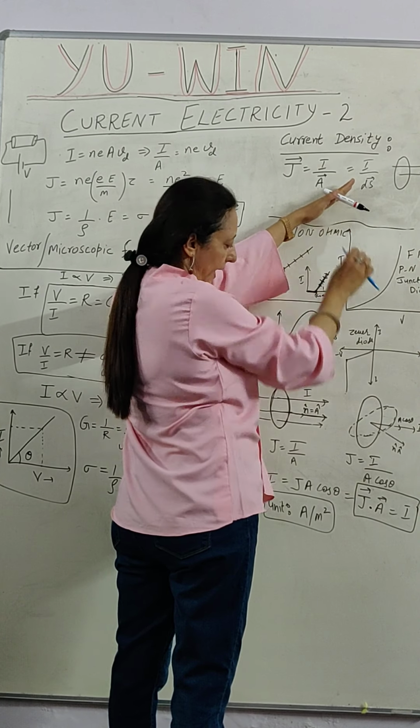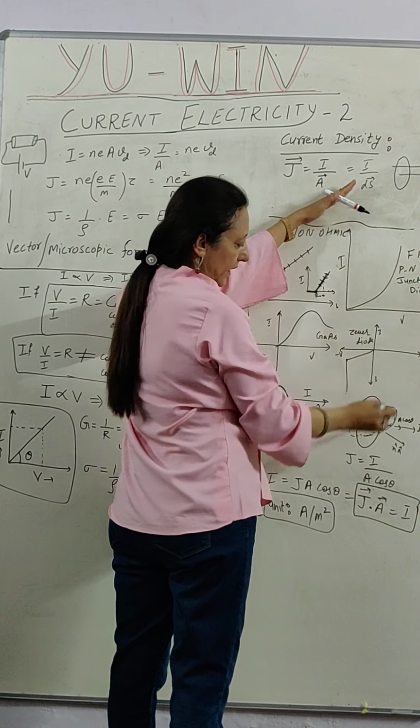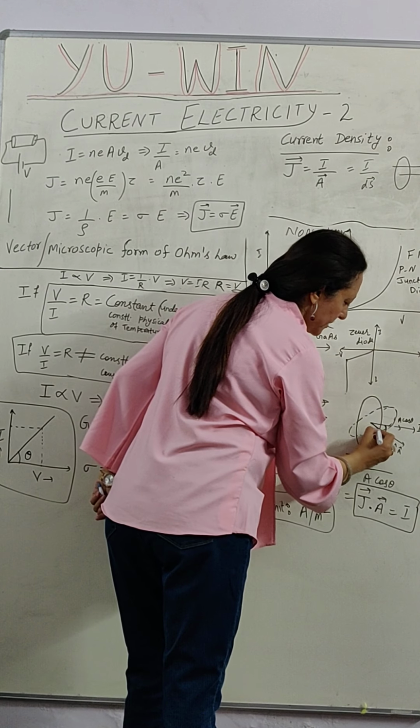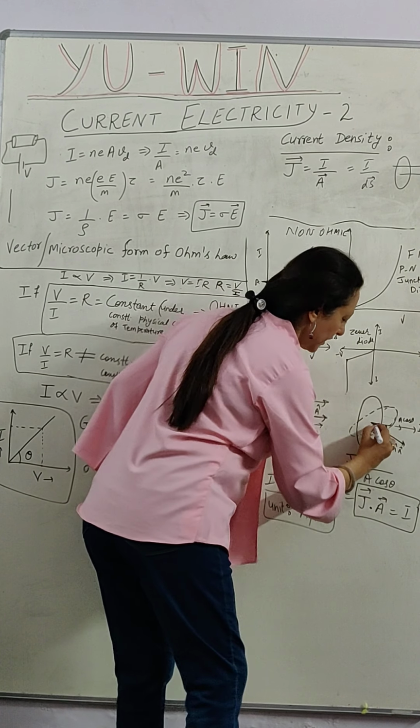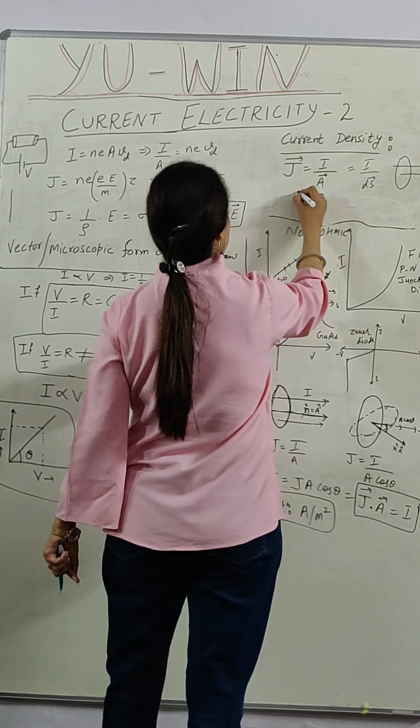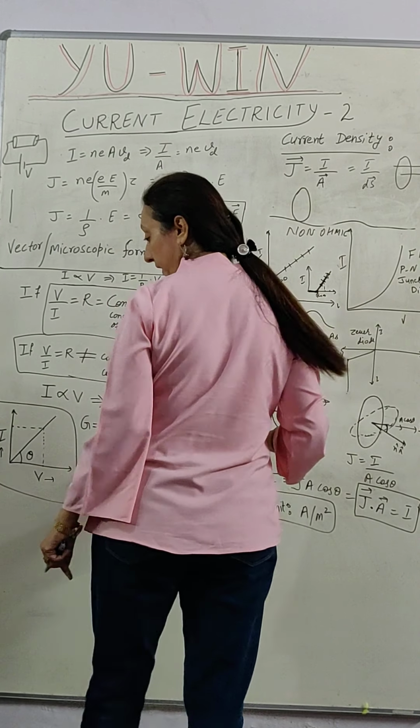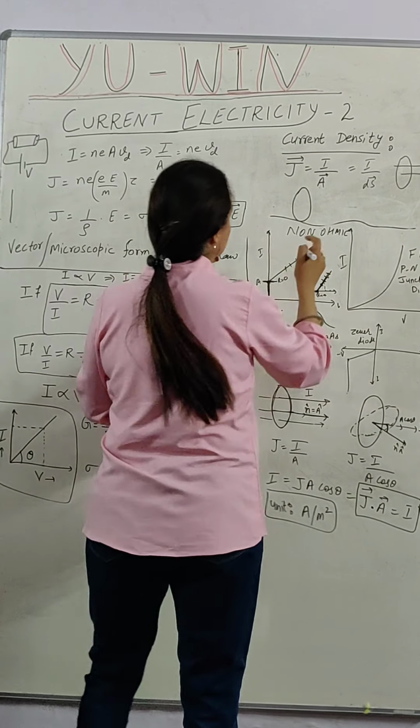But if this is the area, this is the current, and this is going to be the area vector, then the angle between them will be theta, and the component of the area vector which is parallel to the current, had it been normal, but I have drawn like this.